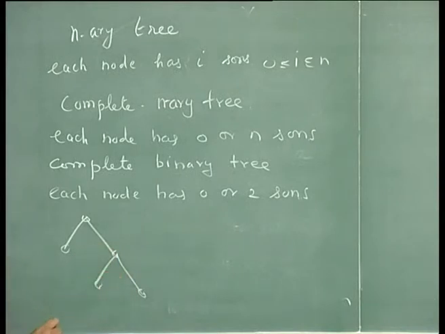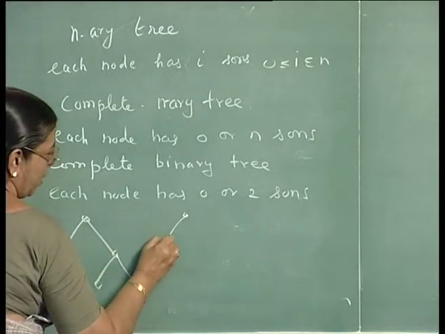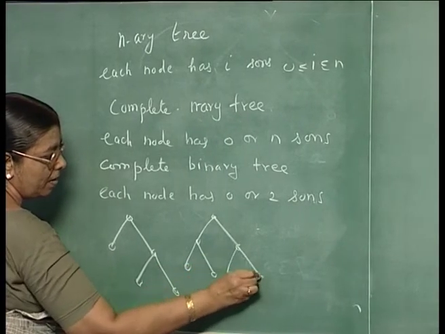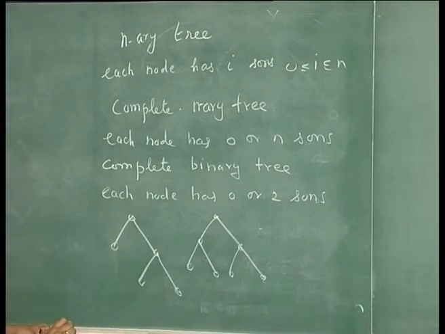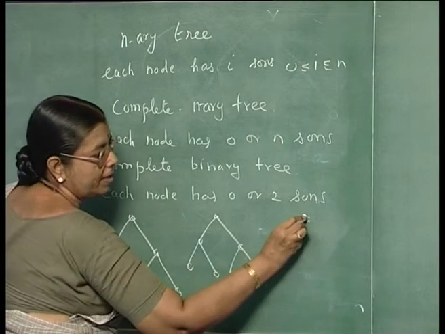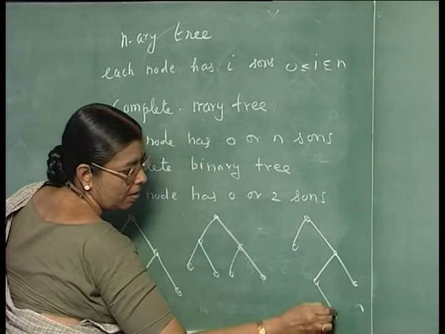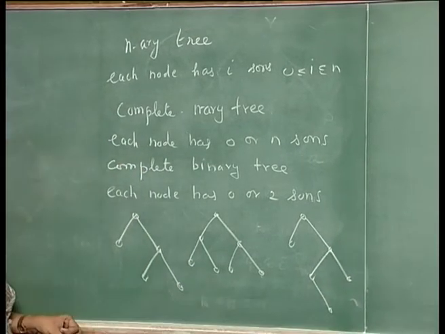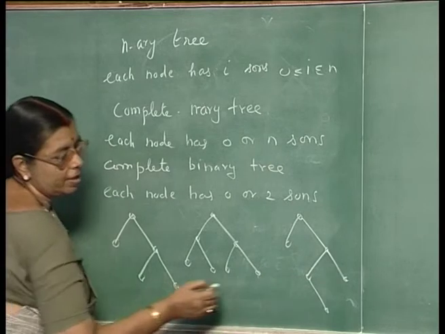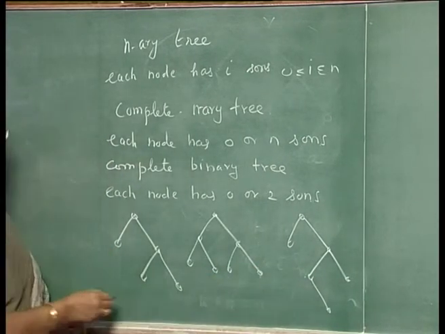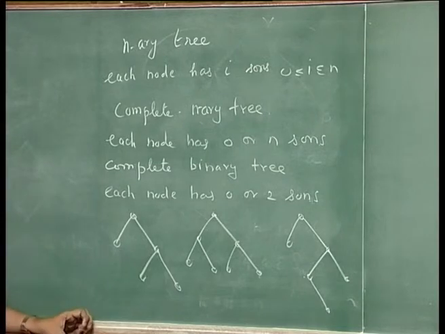This is a complete binary tree. Look at this tree. This is also a complete binary tree. Look at this. This is not a complete binary tree because this node has only one son. So, this is not a complete binary tree. It is a binary tree, but not a complete binary tree.